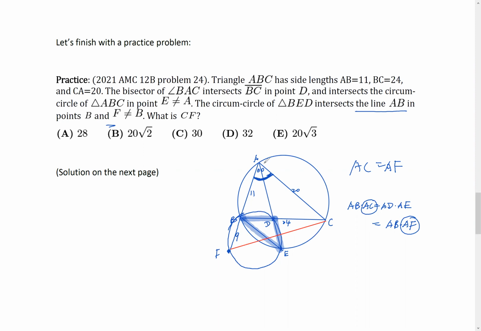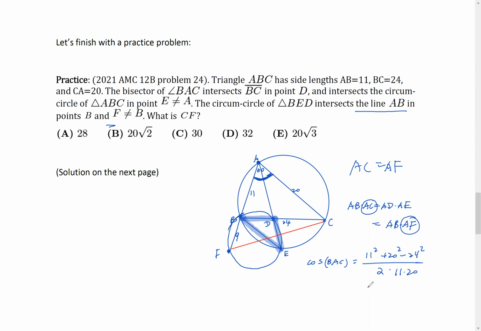What about using triangle ABC? Now, I know the three sides. Cosine BAC equals what inside this triangle? 11 squared plus 20 squared minus 24 squared, divided by 2 times 11 times 20.